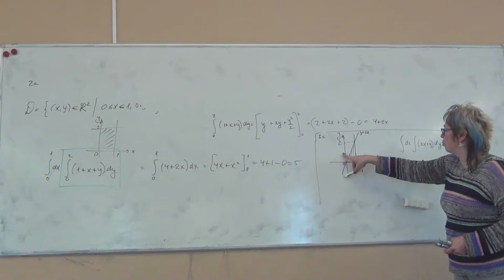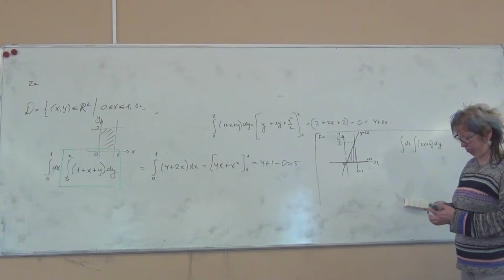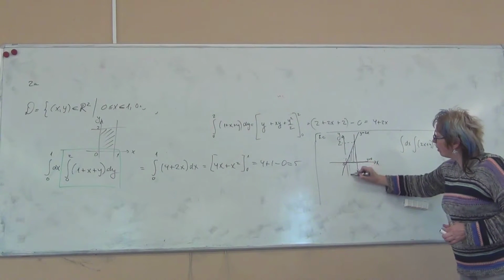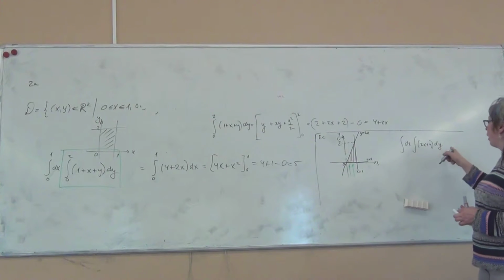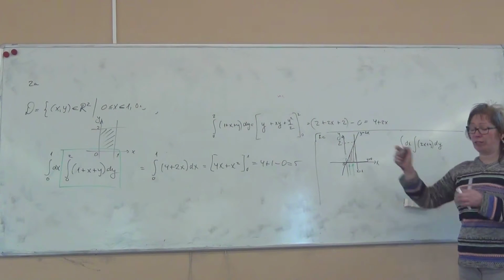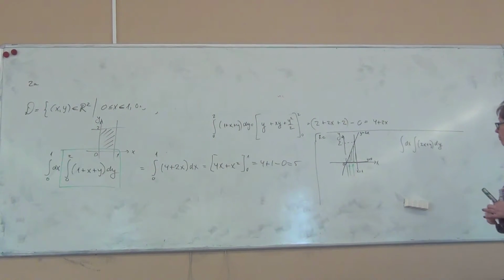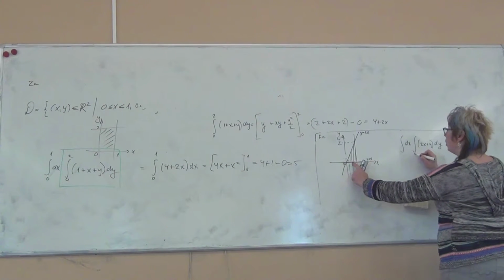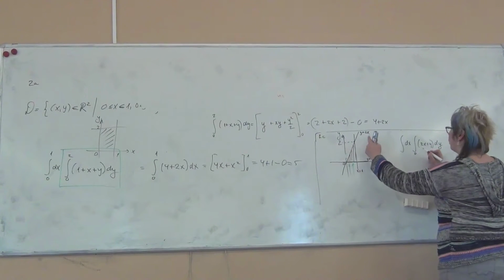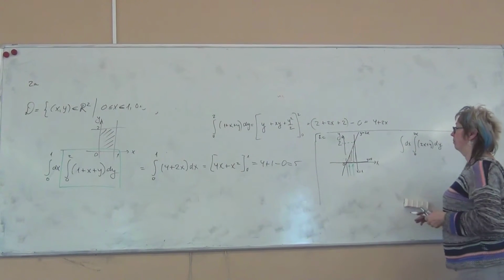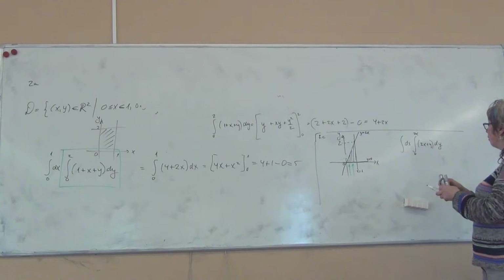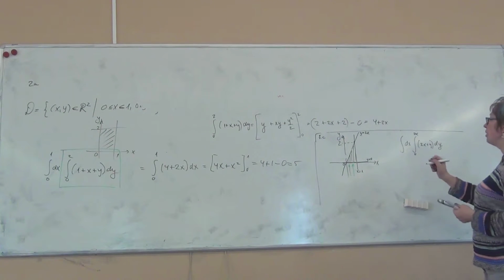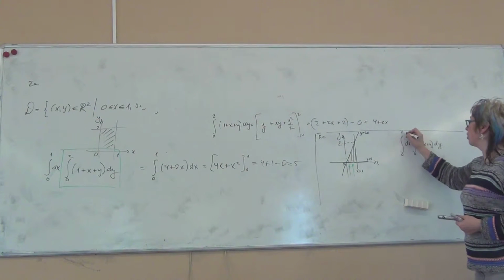I wrote y, so I have to go in the y direction. My mistake. y changes from, obviously, 0 to this line, which is 2x. And then, when we have integrated this, we see that x goes from 0 to 1.